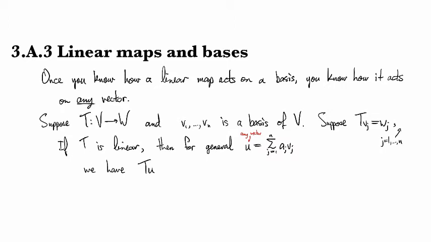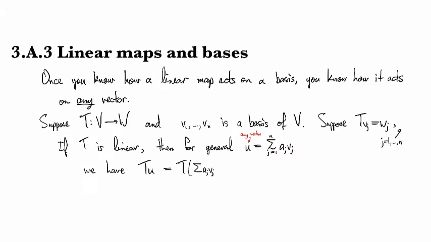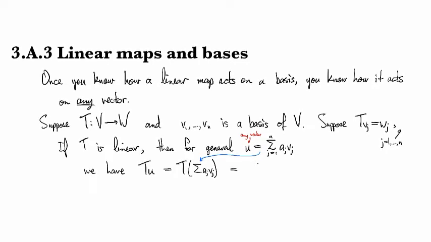And so how does it act on this random vector here? Well, we express it first in terms of the basis. And so I'm just substituting that in for u. Then we use linearity.